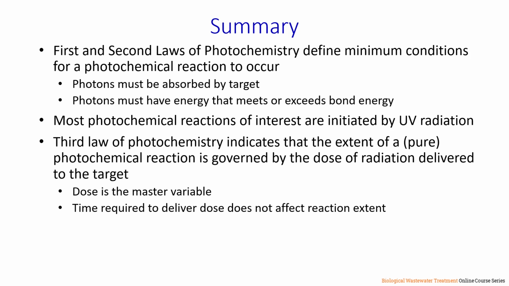The third law of photochemistry indicates that the extent of a pure photochemical reaction is governed by the dose of radiation delivered to the target. And as we'll see going forward, that tells us that dose is the master variable in governing the extent of a photochemical process, and the time required to deliver that dose does not affect the reaction extent.